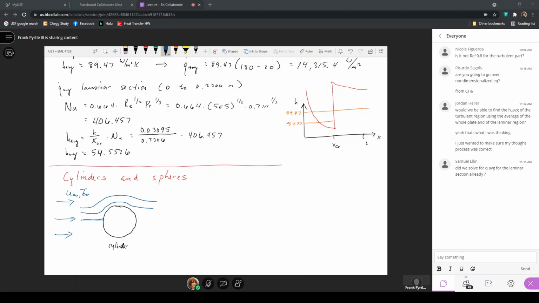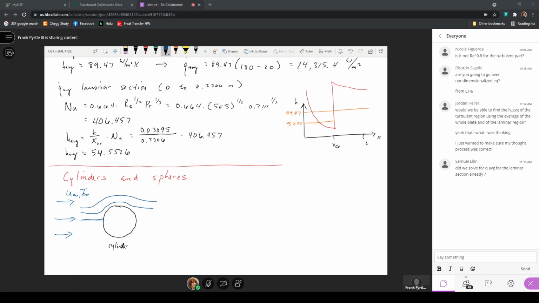Here, this is a cylinder. So the way that the fluid interacts on the front side or the upstream side of the cylinder is different than the way that the fluid interacts on the downstream side of the cylinder. And if the hydrodynamics are different on the front compared to the back, then the heat transfer is going to be different from front to back on a cylinder.